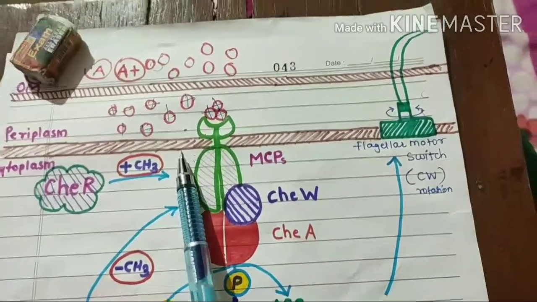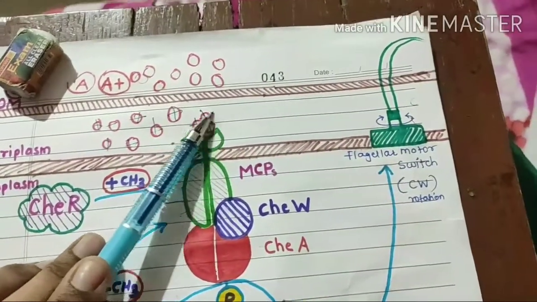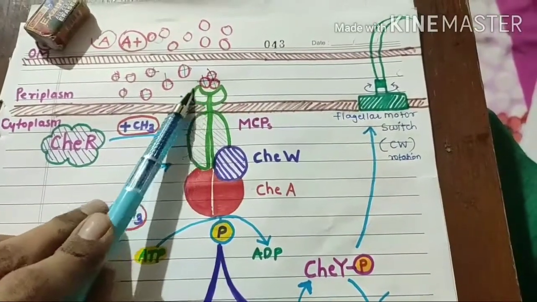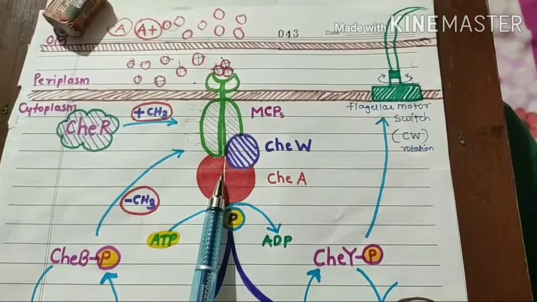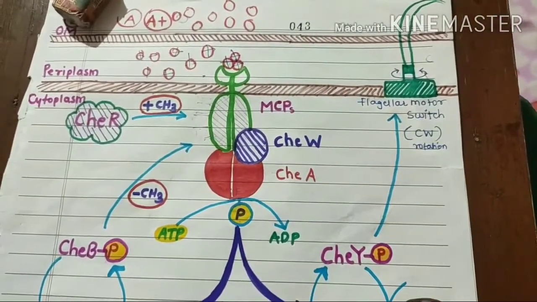Now the methyl group is removed, there is no attractant bound here, and when this MCP is bound to nothing, this CheA is active and the cell tumbles because of CheY-P, okay.